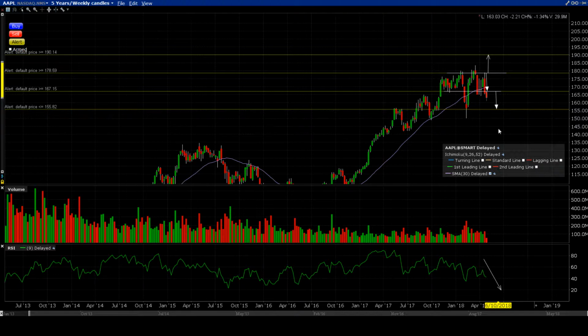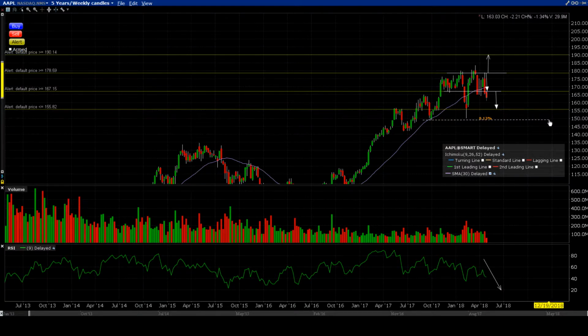That's where the cloud comes in. But there's no talk of the cloud, the Ichimoku cloud, in Stan's book. He probably identified the support, maybe I don't know how he clearly identified it, maybe just by experience. And I know right now that if there's a breakdown from these, like I know that there's support right here at the 155 level. There's some more support here at the 150 level.